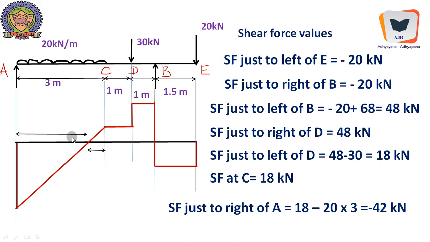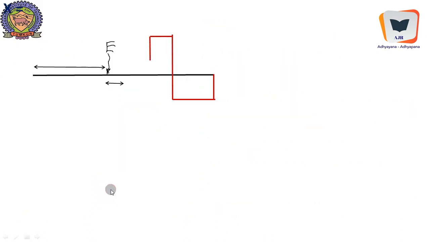We will consider this distance to be x, and this will become 3 minus x, and we have two similar triangles, one big triangle and one small triangle. We will do a comparison, and we will get the distance of the point at which shear force is 0 from the left support. Okay, this is plotted neatly. This is x, and this is 3 minus x.